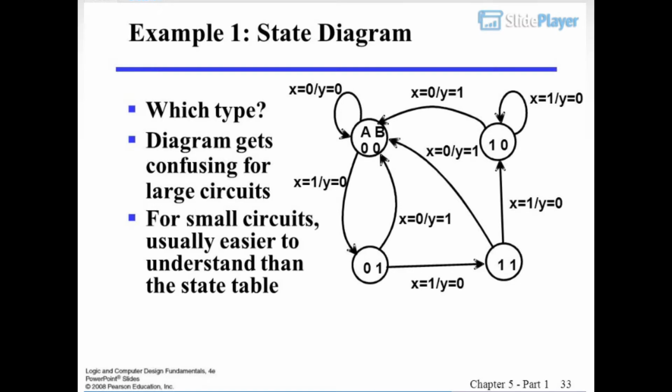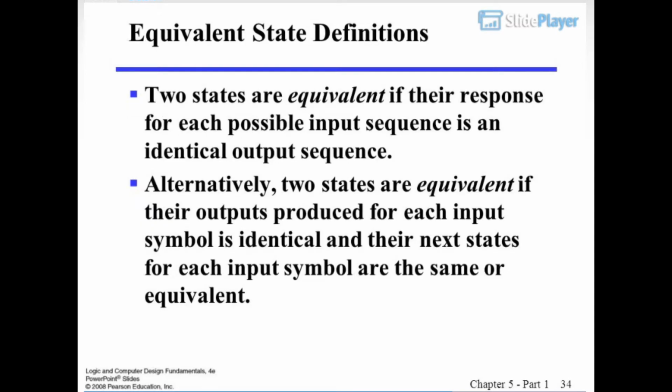Equivalent state definitions. Two states are equivalent if their response for each possible input sequence is an identical output sequence. Alternatively, two states are equivalent if the outputs produced for each input symbol are identical and their next states for each input symbol are the same or equivalent.